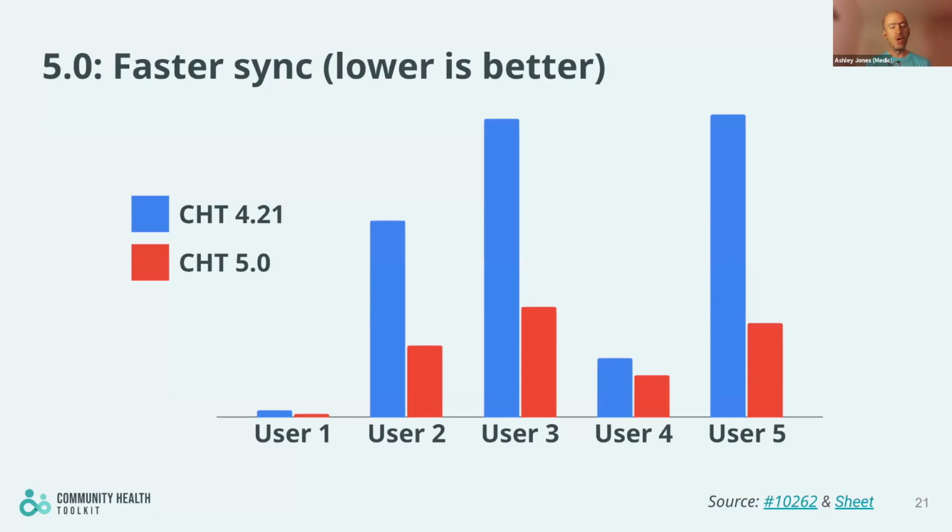I'm just making up some numbers here, which means that the same CPU will be able to handle more users, or you can have a CPU that is more rested and be able to do other actions on the server side. So this is a huge benefit, and the graph here shows users with different document counts, so that the larger the document counts, the more the savings are.